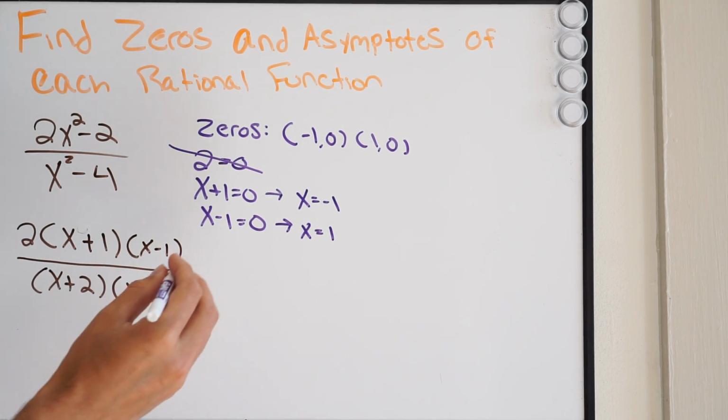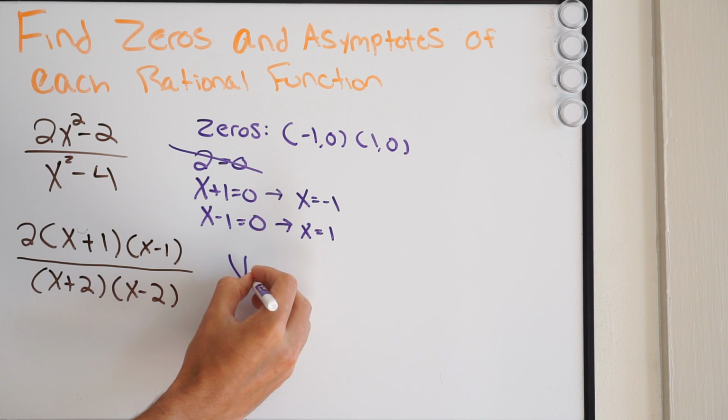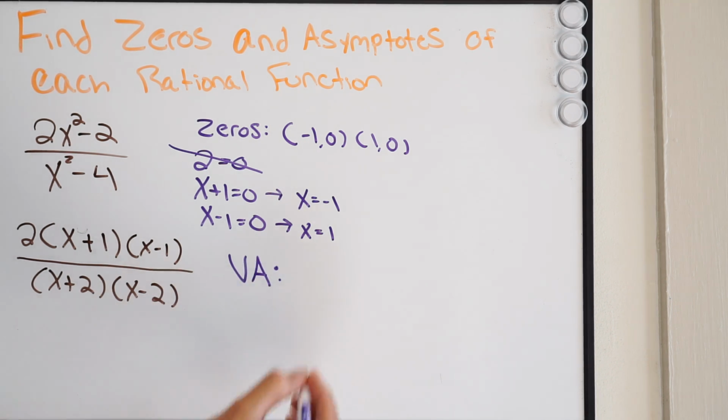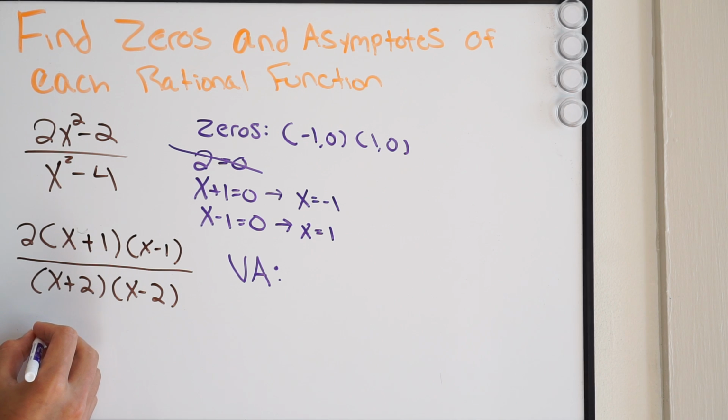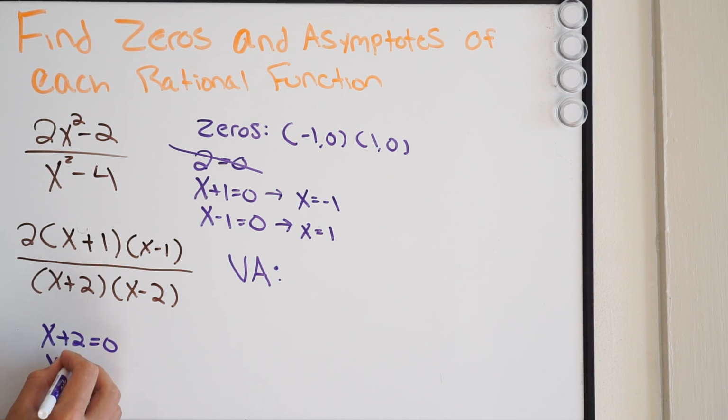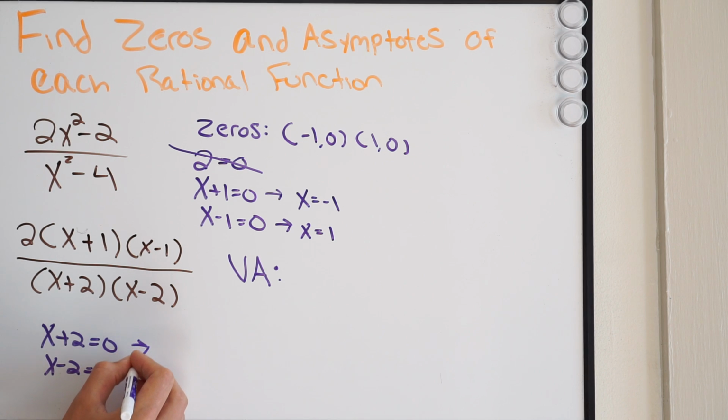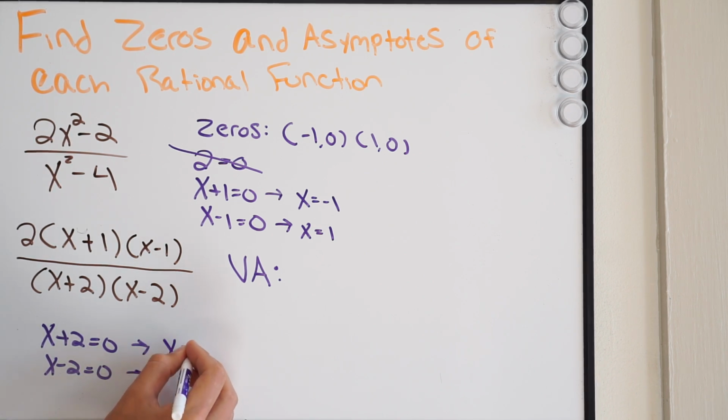Alright, let's find the vertical asymptotes now. So we have vertical asymptotes, I'm just going to write VA here. Alright, so again, we look to the denominator, and we have x plus 2 and x minus 2. Again, you just want to find your domain here. So if you do x plus 2 equal to 0, and then x minus 2 equal to 0, you want to solve here. We'll get x equals negative 2.